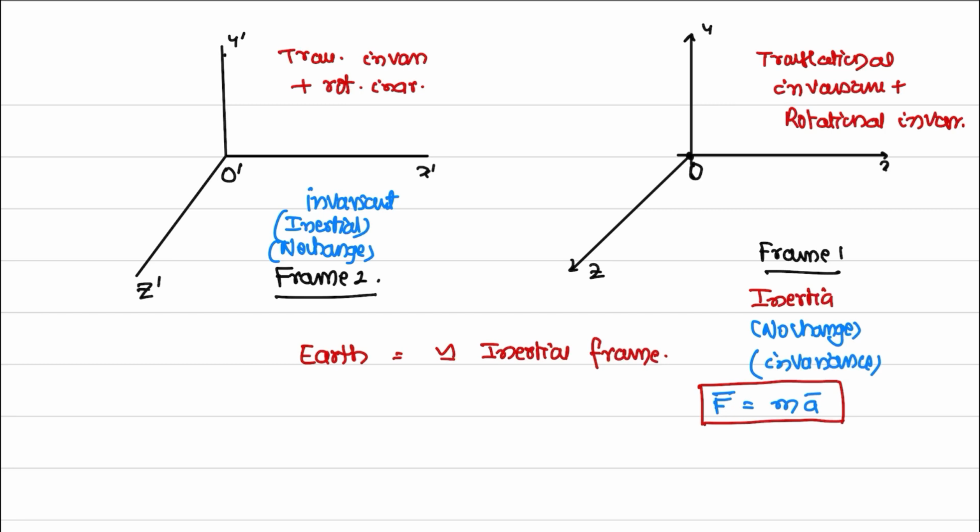Whatever the laws of nature are, what Galileo framed and what Newton found out with differentiation, all these laws of nature applicable in inertial frame 1 are applicable in another inertial frame also. You cannot say that in inertial frame 2 Newton's laws are not applicable, until and unless frame 2 is different from frame 1 and is a non-inertial frame.